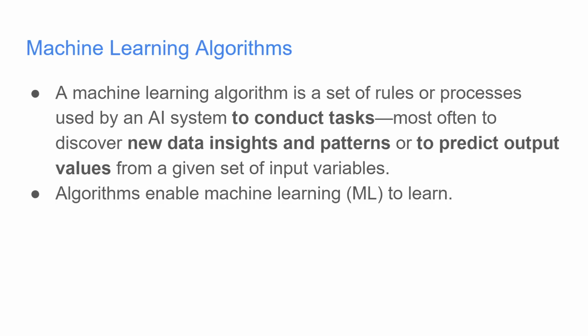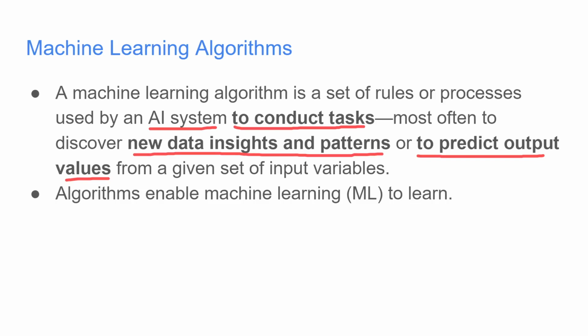Then if we go with the machine learning algorithms, a machine learning algorithm is a set of rules or processes used by an AI system to conduct tasks, mostly to discover new data insights and patterns, or to predict output values from the given set of input variables. So it's a set of rules and processes used by an AI system to conduct any operations, any task.